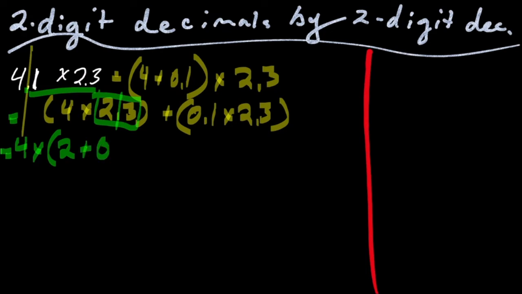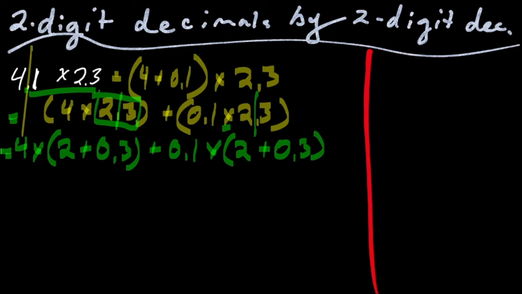2 plus 3/10, plus 1/10 times, right? Splitting this at the place value, 2 plus 3/10.